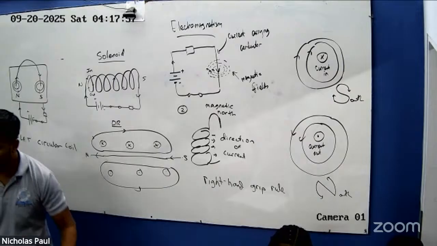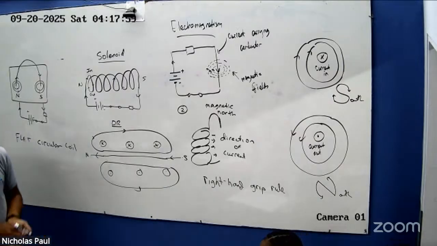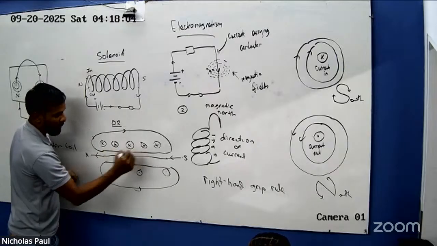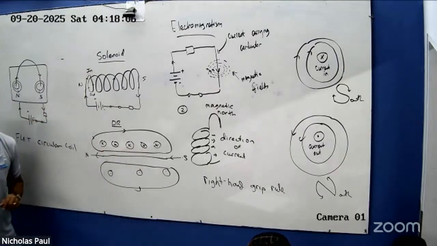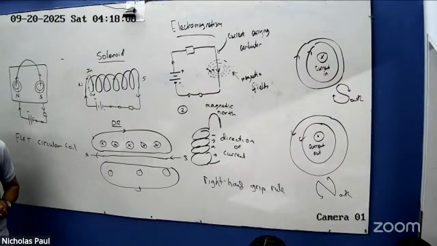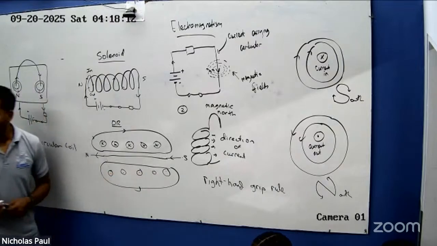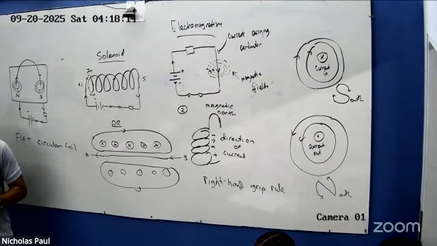I could have put more if I wanted, but these symbols represent the little coils of current going in, and these symbols represent the part where the current is coming up. Understand that? You sure?